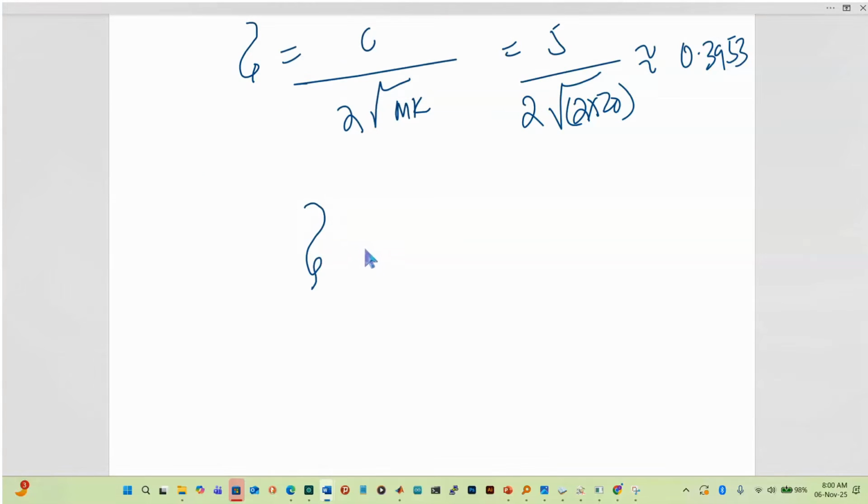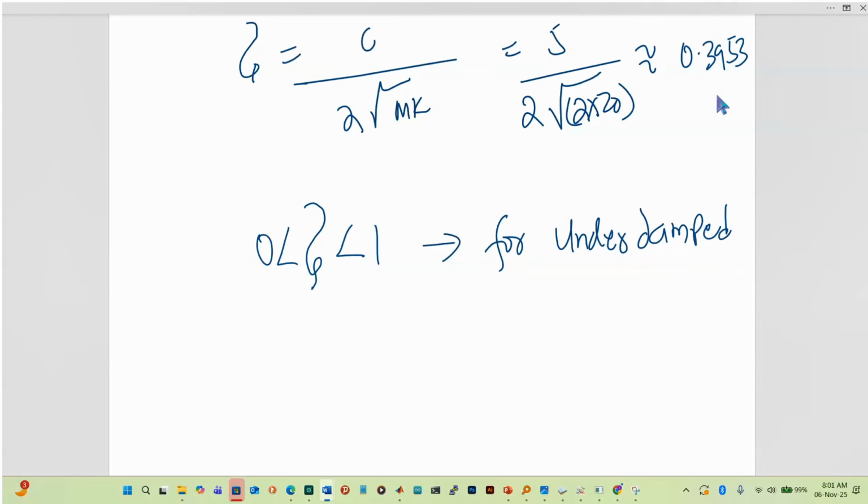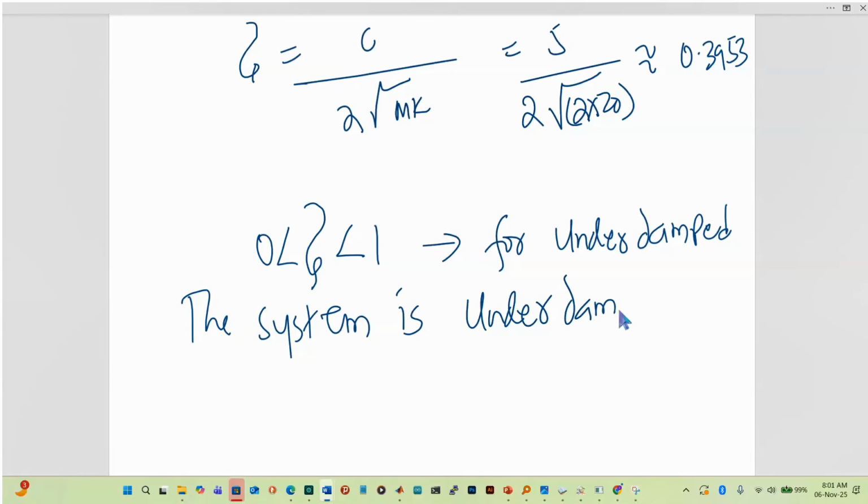This zeta is supposed to be between 0 and 1 for an underdamped system. Since we have 0.3953 for this system, the system is underdamped, so we will have underdamped oscillations.